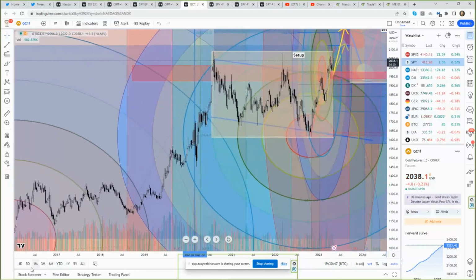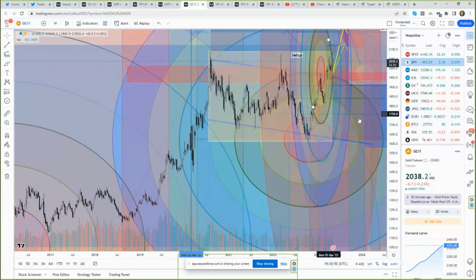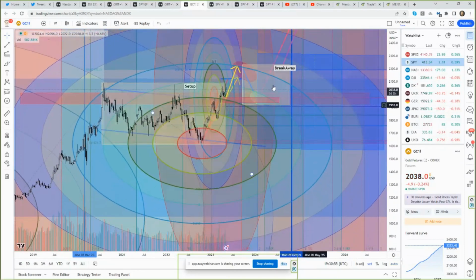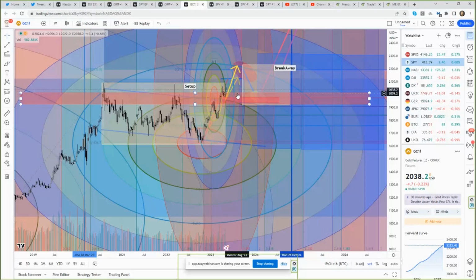Indicating, and I'll move this back out, indicating that we're going to move into what's called the breakaway phase next. So we're looking at potentially coming back down into this red support area, this area here, or this area here, 1979 or lower, or in this case, 2010 or lower.